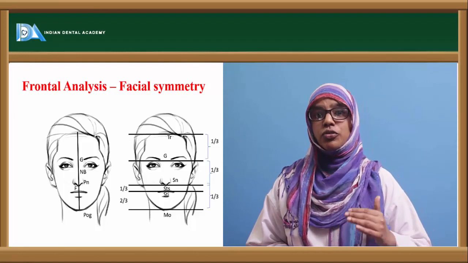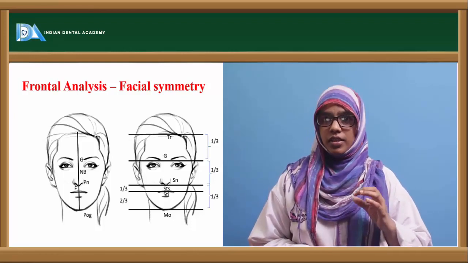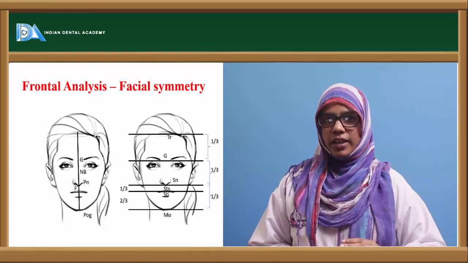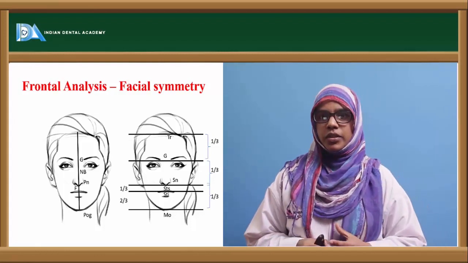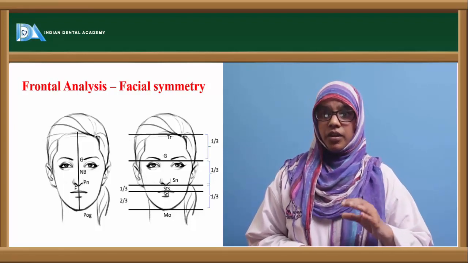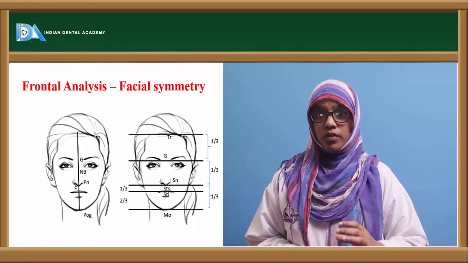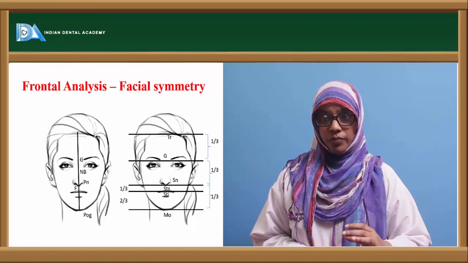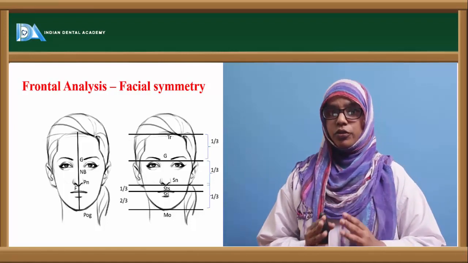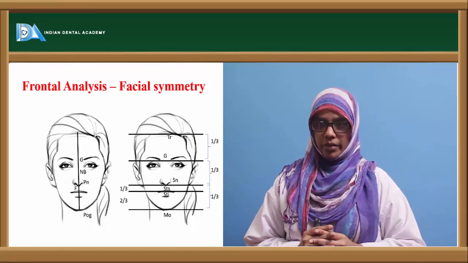We divide the face into 3 parts: the upper third, the middle third and the lower third. Any abnormality in the upper third is masked by the hair. The middle third mainly includes the nose, the paranasal area and the cheekbone. If there is any abnormality in this area, you can make it out.